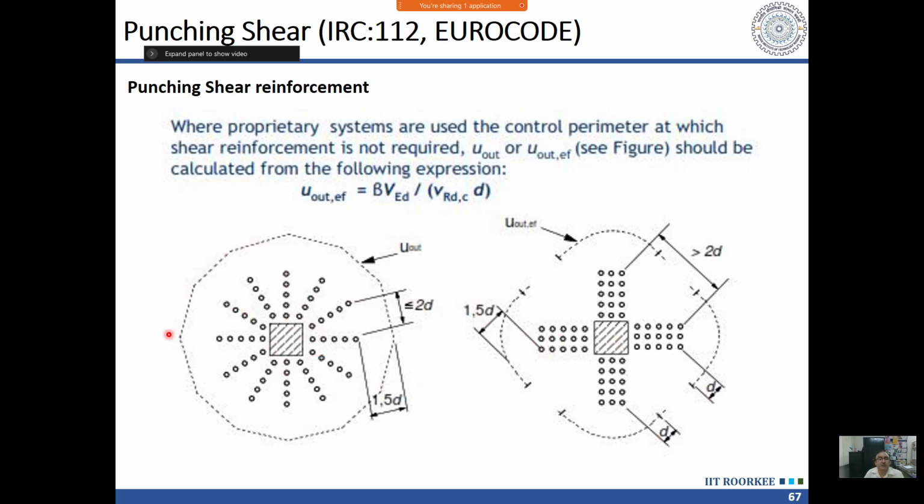So actually these arrangements are suggested in Eurocode and also included in ACI 318 for flat slabs. So flat slabs are nothing but like inverted foundation, or foundation is like inverted flat slab. So both undergo punching shear failure, and if those are not safe in punching shear, we have to provide reinforcement. So these are some of the reinforcement patterns.